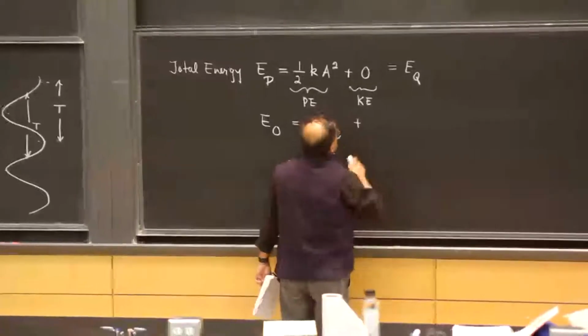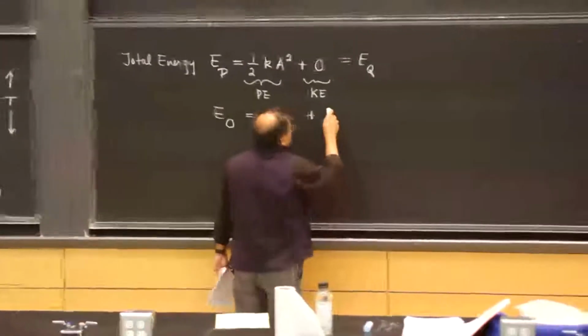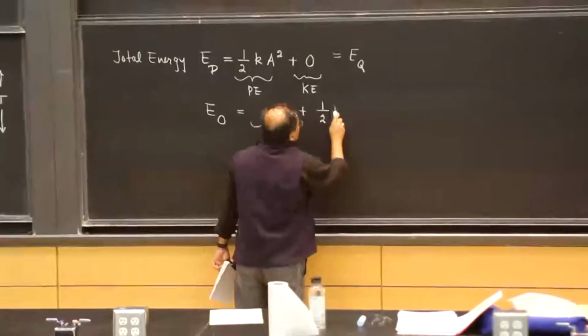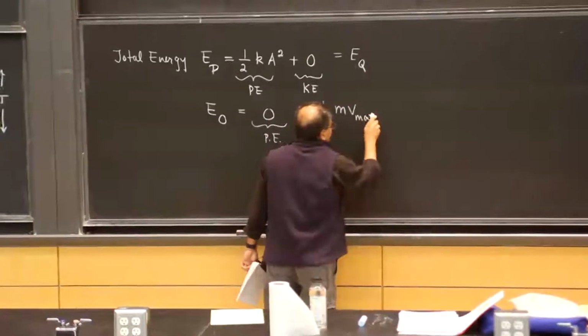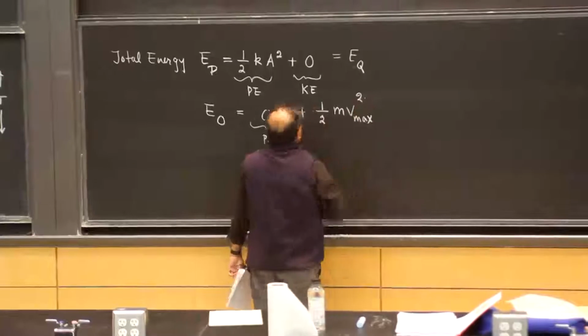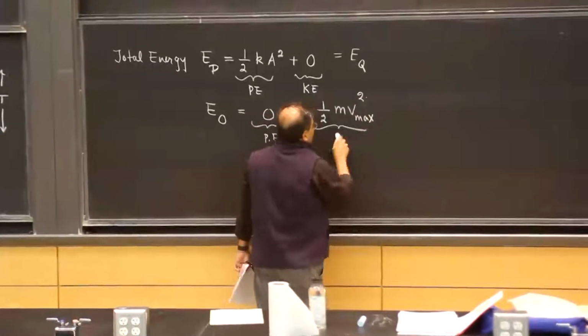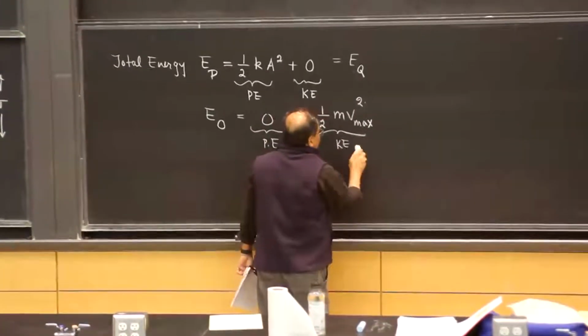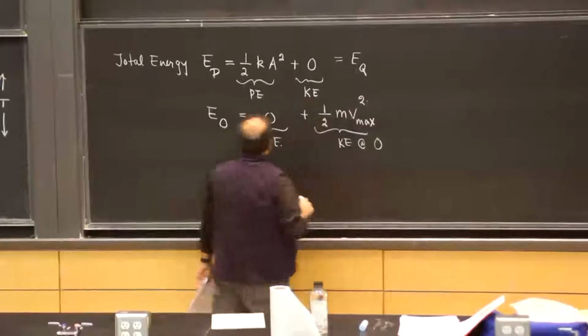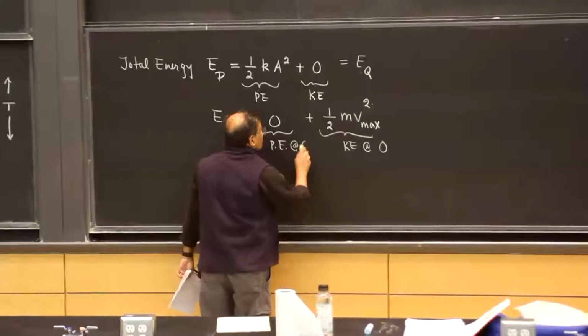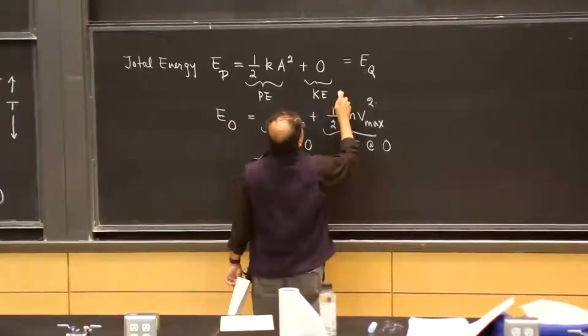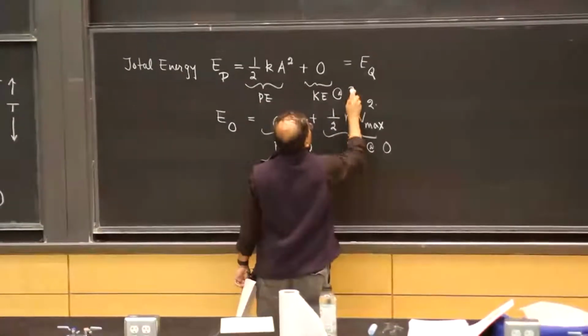Plus kinetic energy must then be maximum, which means all energy must be kinetic at O after I have released it. I call it V max for now. So 1/2 m V max squared in this case is kinetic energy at O. So that is potential energy at O, and this is kinetic energy at P, Q.